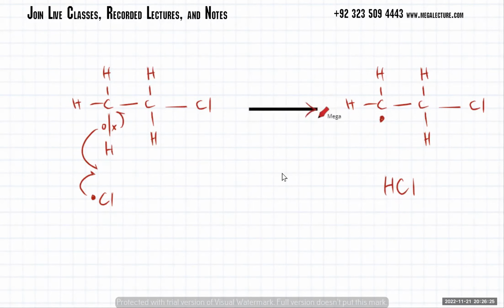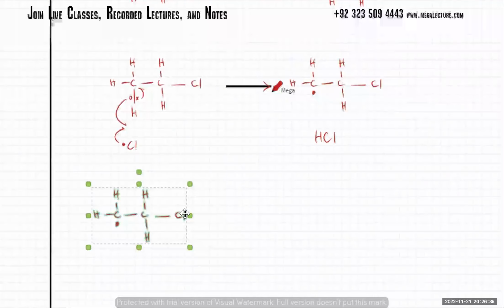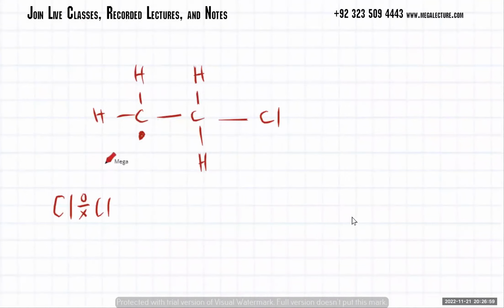And the next step will be, now we've got this ethyl radical. Now this one is a chloroethyl radical. So it's going to attack a Cl2 molecule. There might be a Cl2 molecule, so it's going to grab one of those, let's draw this properly.